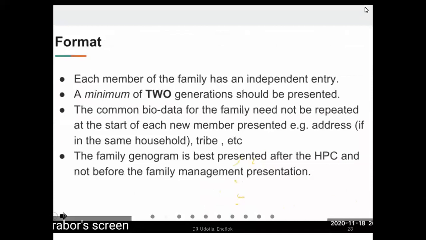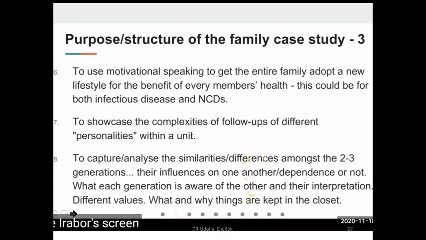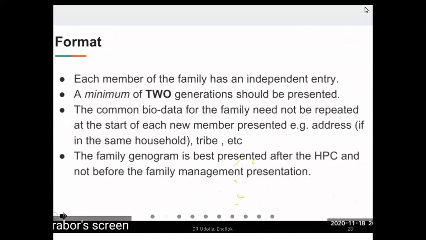And in the family case study, you have to note the format: each member of the family has an independent entry. If you are getting about 3 people in the family, you need to report, all of them must have their own entry. For example, the biodata, especially those ones that are not common.